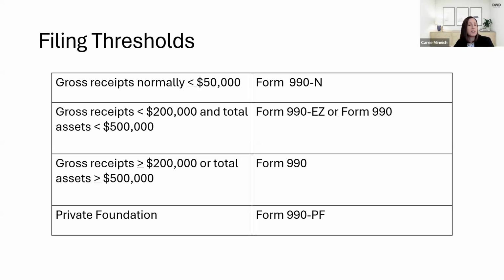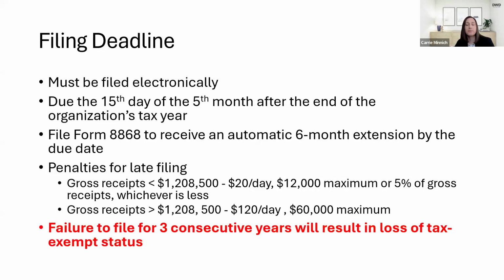So there is sometimes a reason to file a different form than what you're required, because it does provide additional information. All private foundations must file Form 990 PF. So, just a quick overview of the different versions. You want to make sure that your organization is filing the correct version of Form 990.